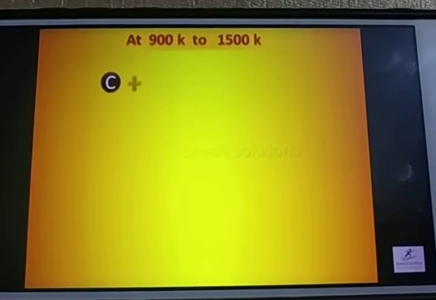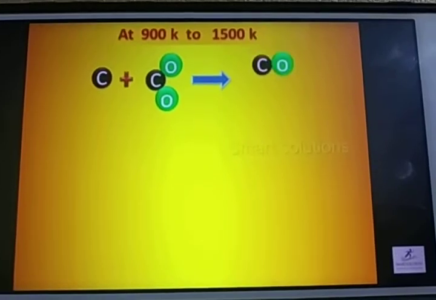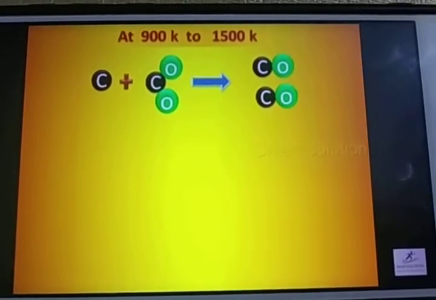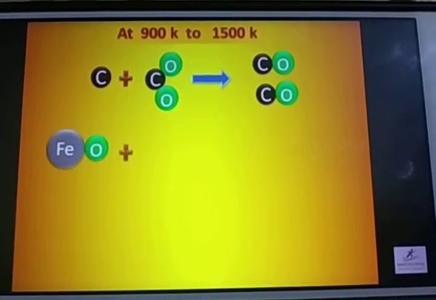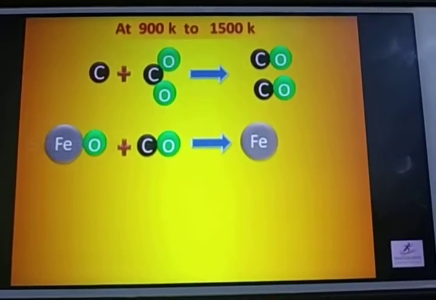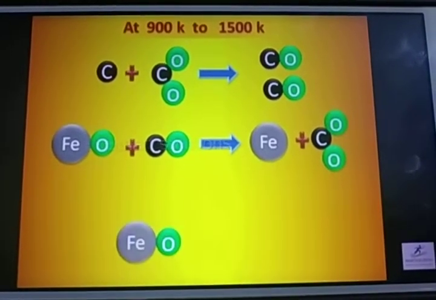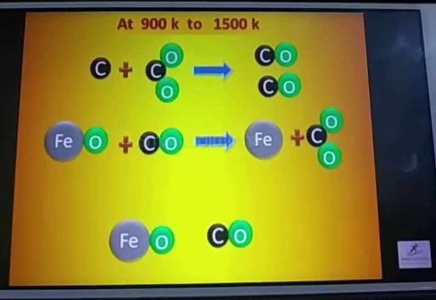Carbon with carbon dioxide produces 2 carbon monoxide. Iron oxide with carbon monoxide produces iron and carbon dioxide.